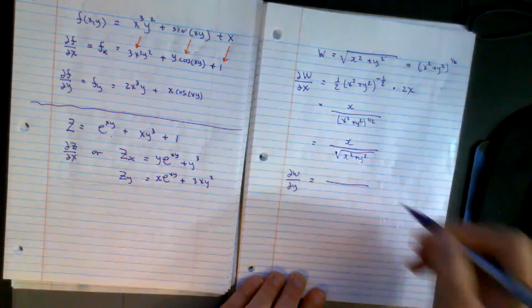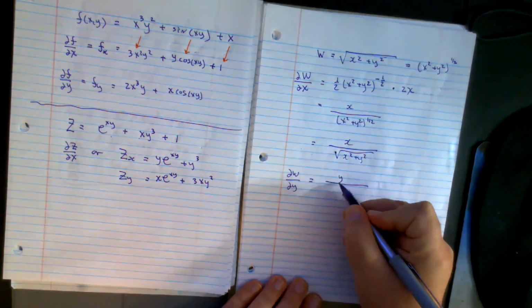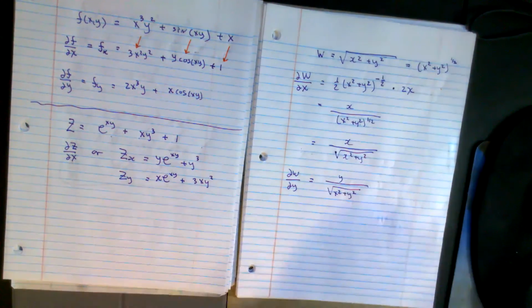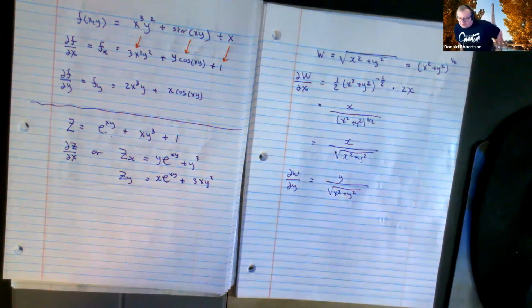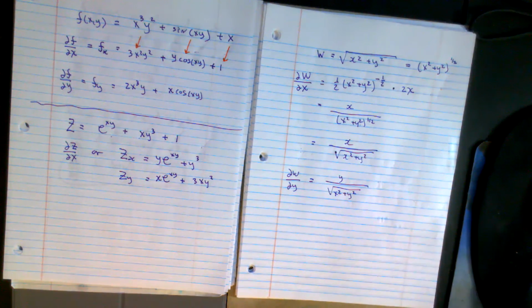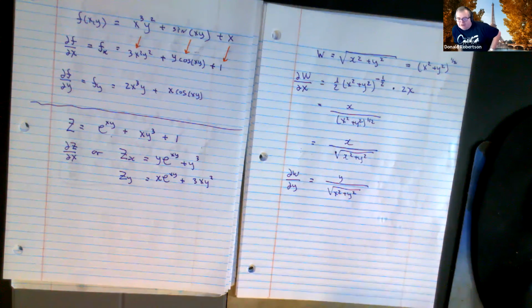Wouldn't it be y over the square root of x squared plus y squared? Yes. You want to explain why? What made you think that? Because they're added together, so you would do the same thing, except instead of multiplying by 2x, you're multiplying by 2y. Okay, so you're kind of figuring out what the question would look like if you did it in your head, which is fine.